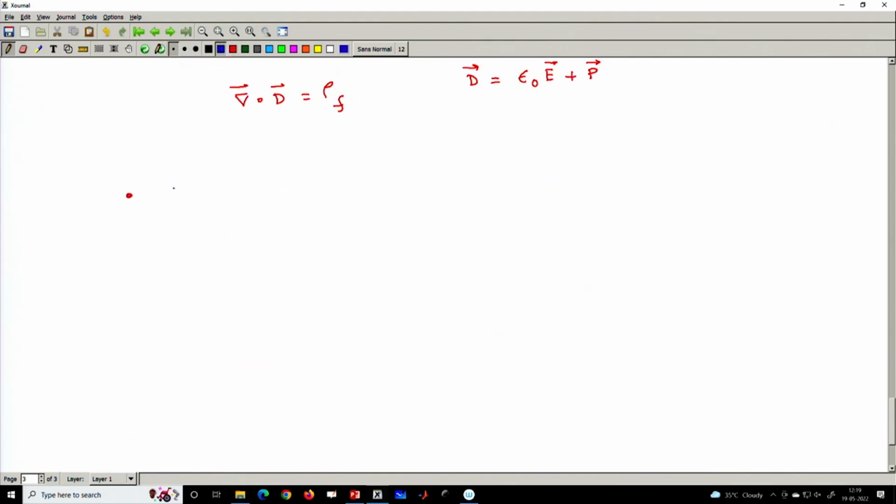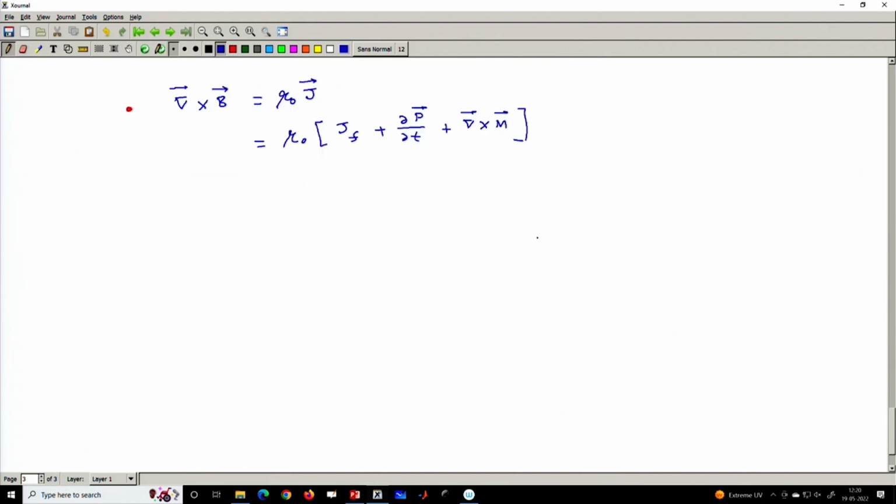So, in principle we need to modify that as well, and that equation is curl of B is equal to mu 0 J, that is the Ampere's law. And now we will modify that: mu 0 J can be divided into 3 parts, Jf plus del P del t plus curl of M. That is the 3 parts we had.